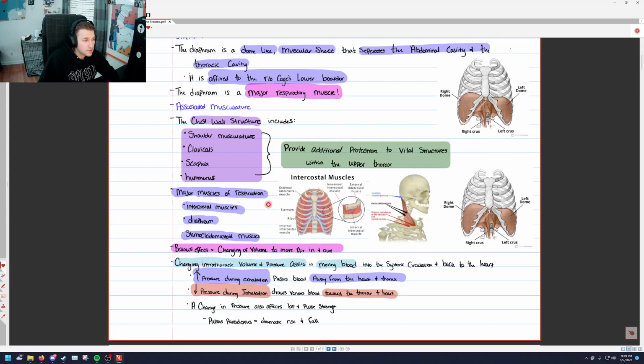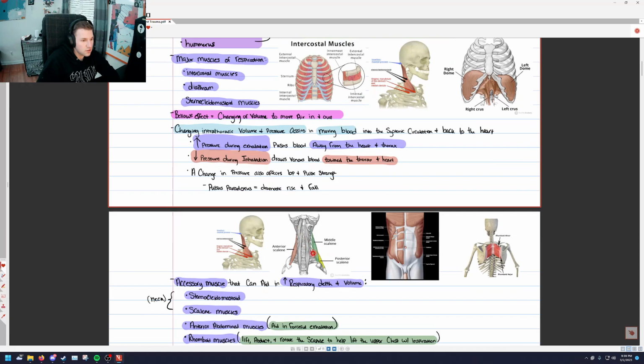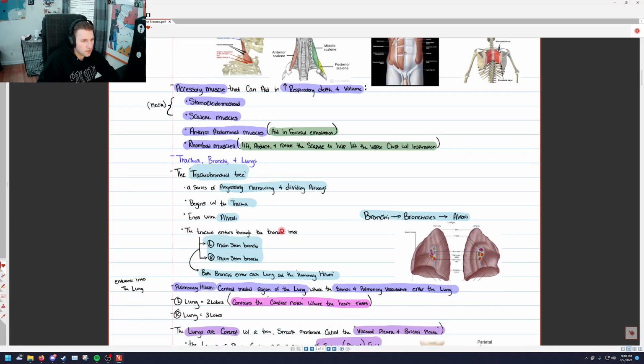You have plenty of accessory muscles, so you have your shoulder musculature, you have your trapezius, you have your clavicle, scapula, sternocleidomastoids. These will all help in aiding you to breathe. You have your scalene muscles, you even have your abdomen, you have your rhomboids that are in your back. These all help in helping you respirate.